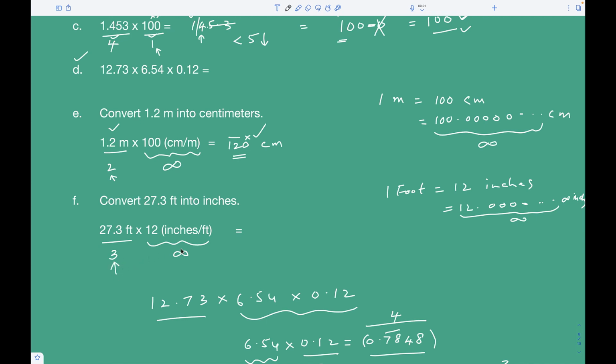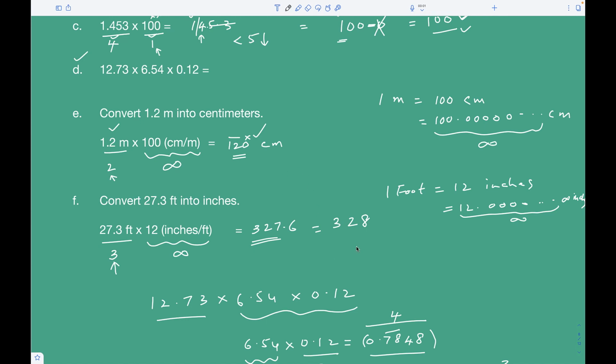So this is the limiting term, and when you multiply these two, you would get 327.6. But you have to round it to 3 significant figures, and you know how to do that rounding. And upon rounding, you would get 328.